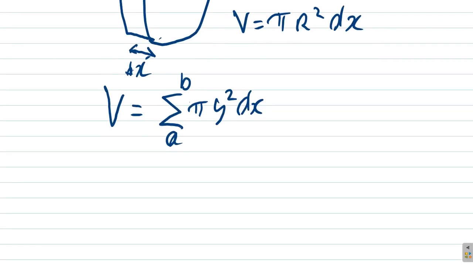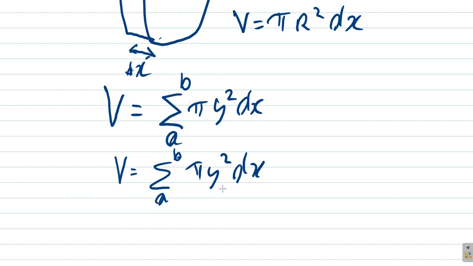So what we want to do is make the slices so thin that the height, which you now could consider the thickness or the width, approaches 0. So the volume equals the sum from A to B of pi y squared dx.